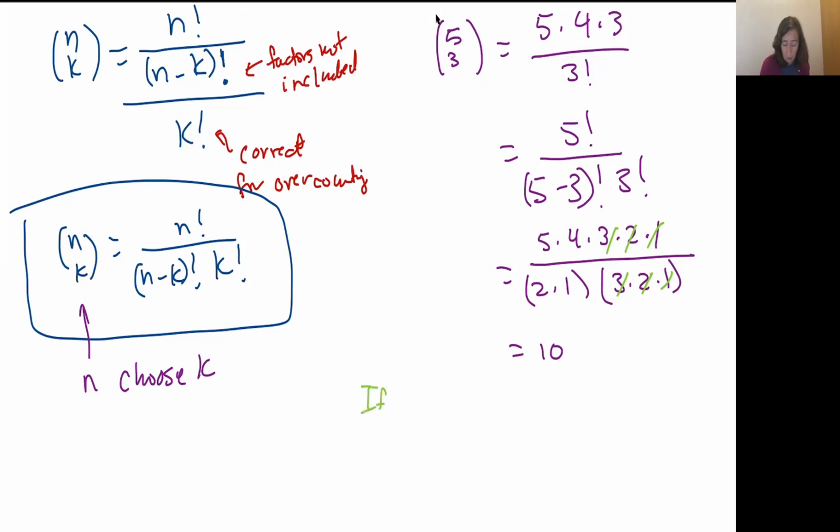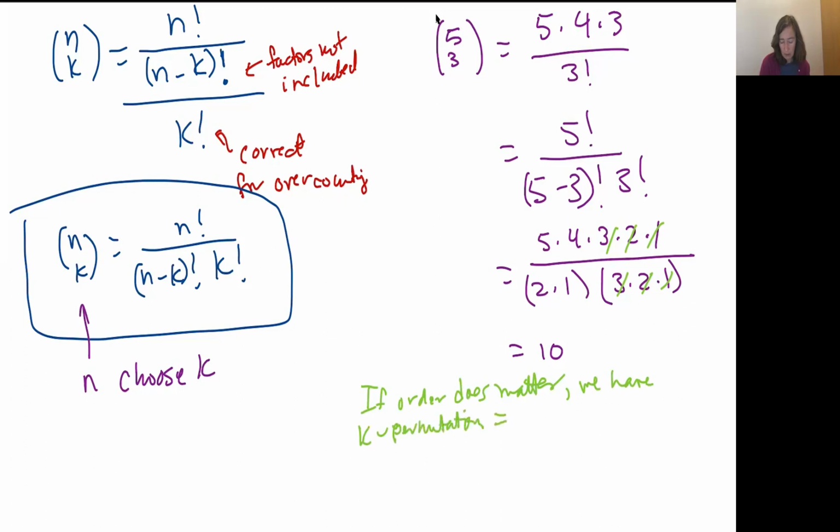if order does matter, there's a formula for that too. It's simpler because we had it on our way to this one. It's called k permutation.